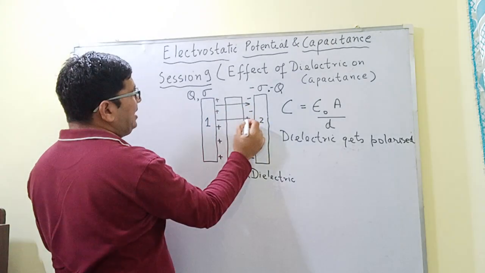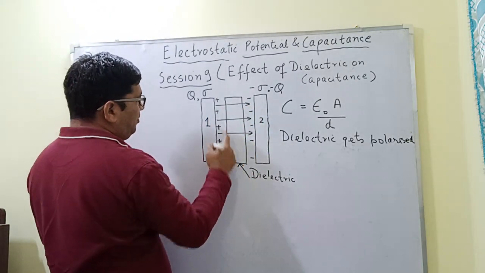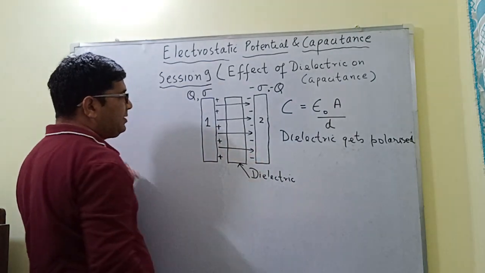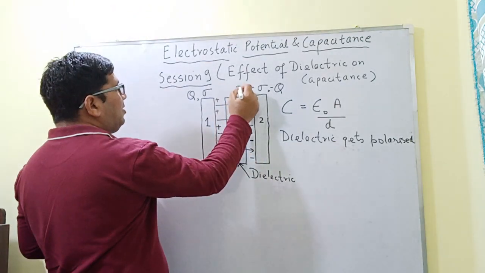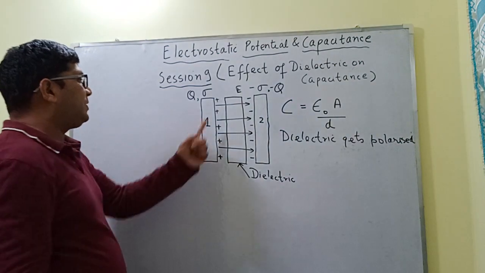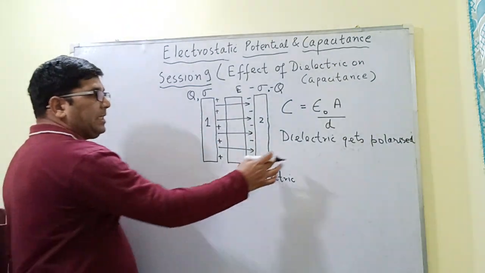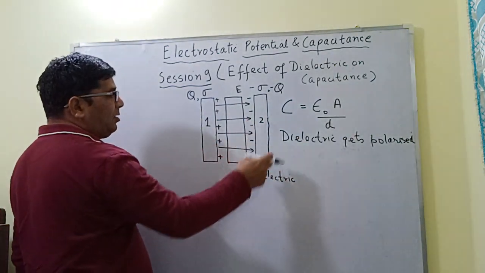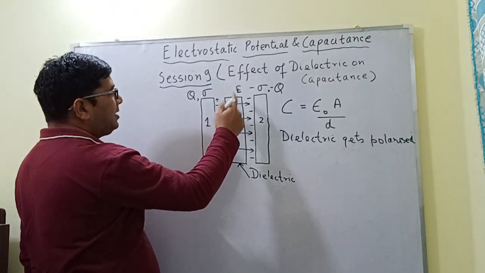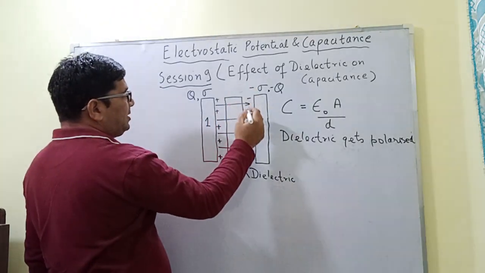The electric field is directed from the positively charged plate towards the negatively charged plate, and because of its presence, this dielectric gets polarized.